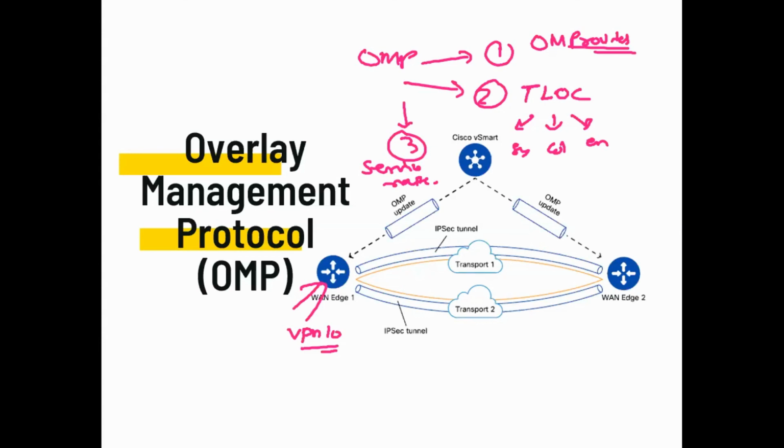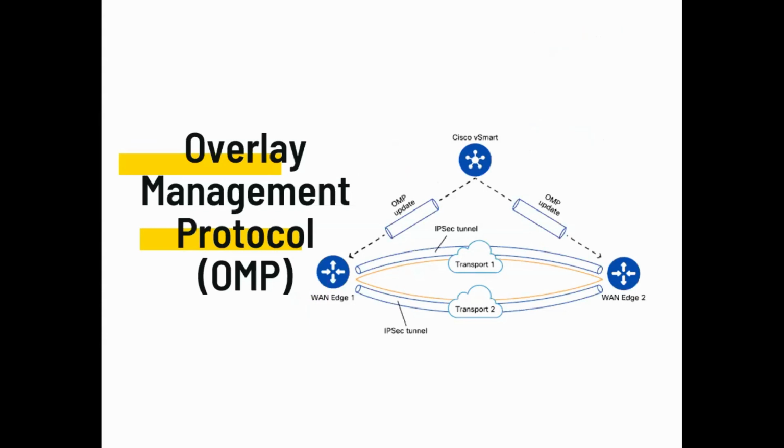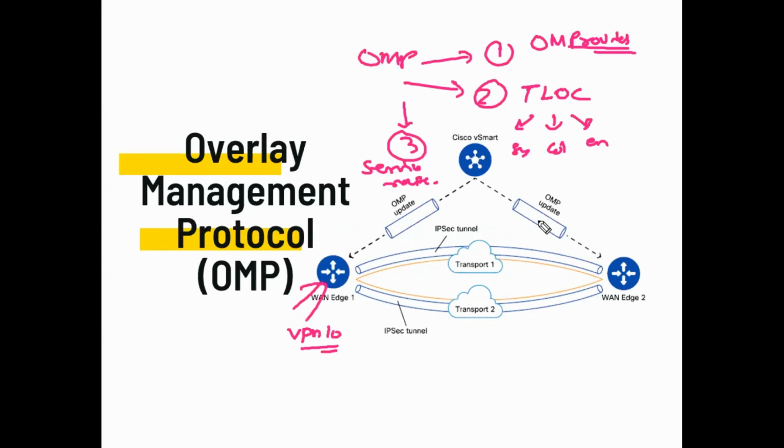And these will be labeled as different routes in your topology. And these are also a form of OMP. But let me bring up the diagram again. These routes have a special recognition, and they are named service routes.